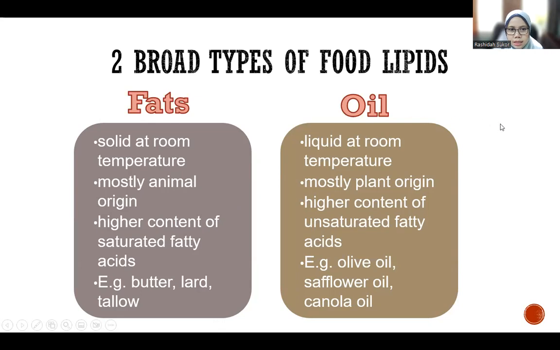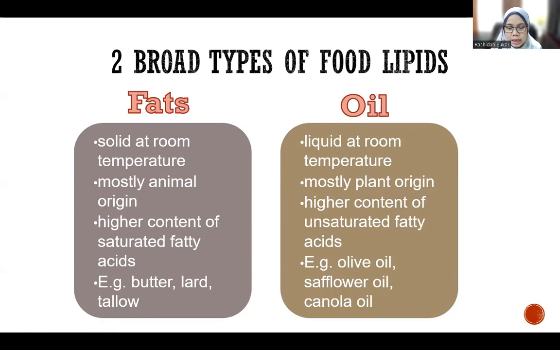And then there is another type, which is oil. When we say oil, we normally refer to lipids that are liquid at room temperature, like palm oil and olive oil. Later in part 2 we will see processing.